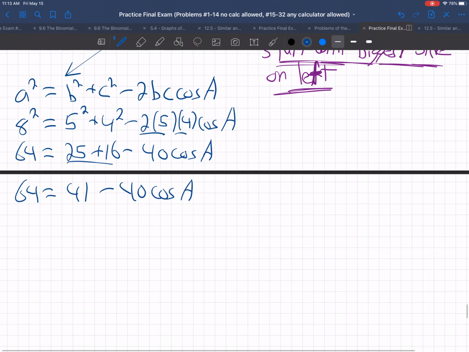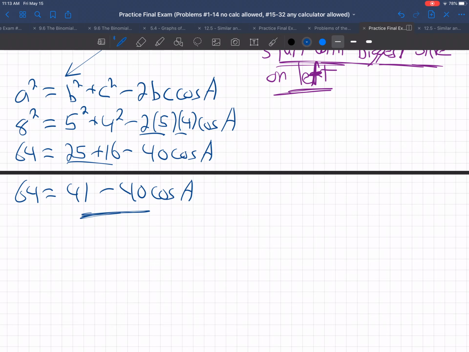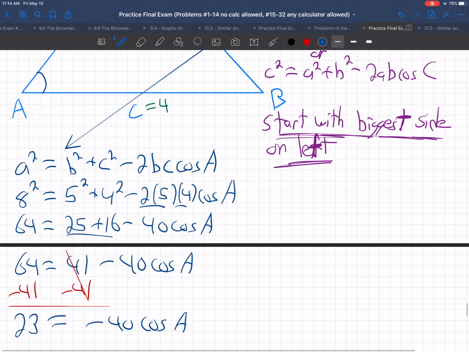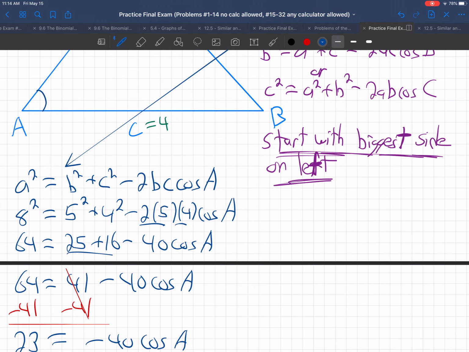So that good so far? Now, can I subtract these? 41 minus 40, get 1? No, you can't do that, right? Because those are unlike terms. Instead, you need to subtract the 41 from both sides. And then what do we get? We get 23 is minus 40 cos A, right? Okay, and now we're going to solve for this.